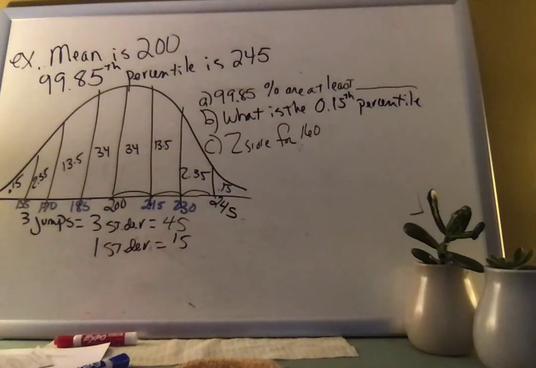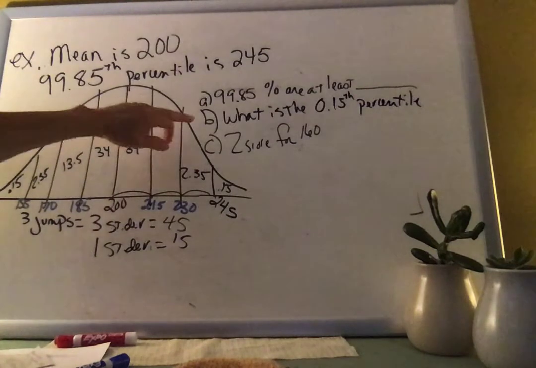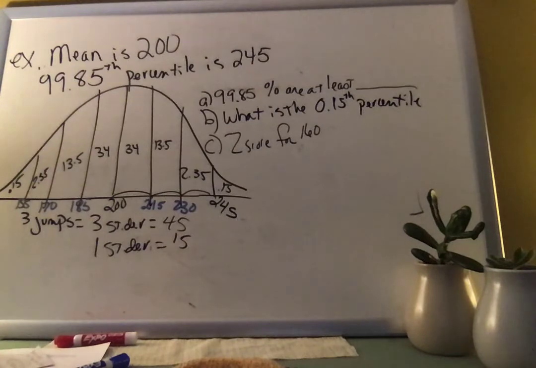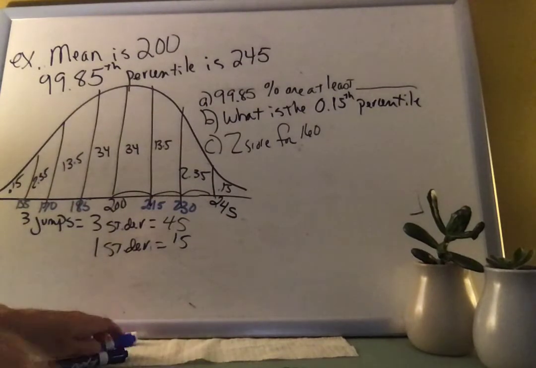Okay, so the 3 questions I want you to practice now. Part A, 99.85% are at least what? Part B, what is the 0.15th percentile? Part C, what's the z-score for 160? Pause the video, do those, then come back.